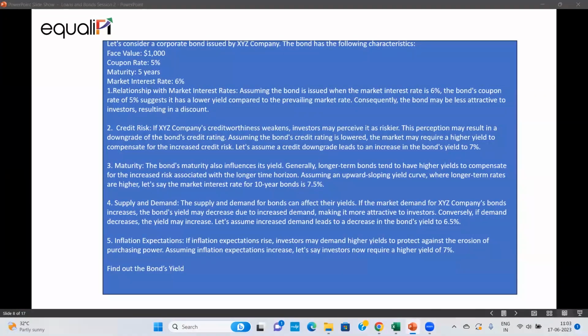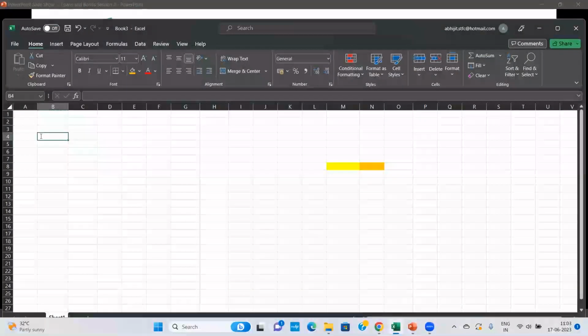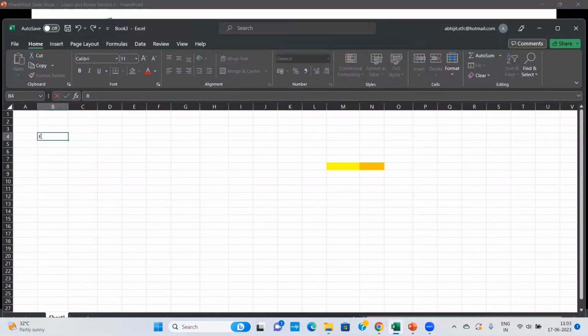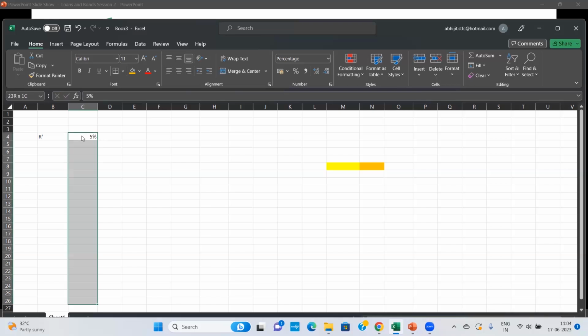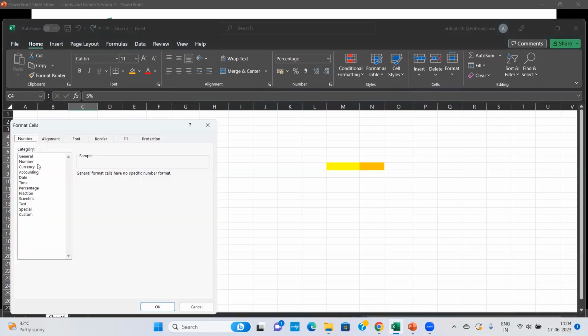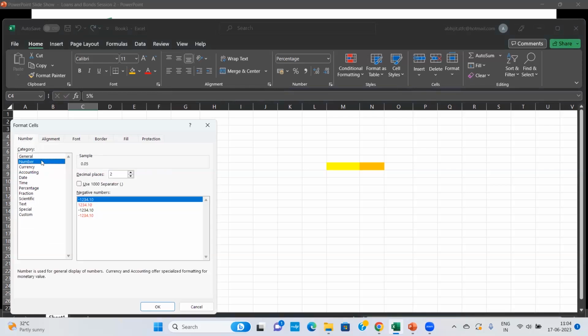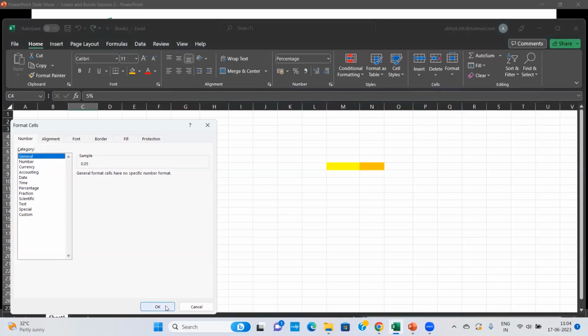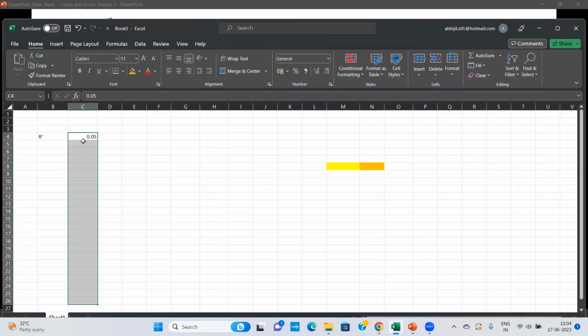So when I talk about this, my real risk-free rate of return, R dash, comes to 5, right? So I'll remove the percent format from here. It should be a number or general, that's it, a number. Five.